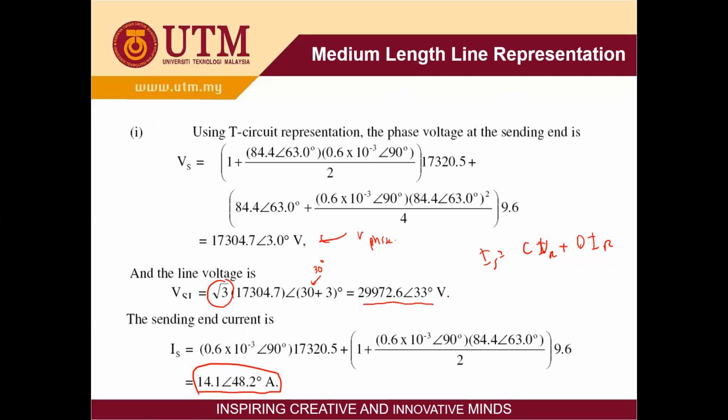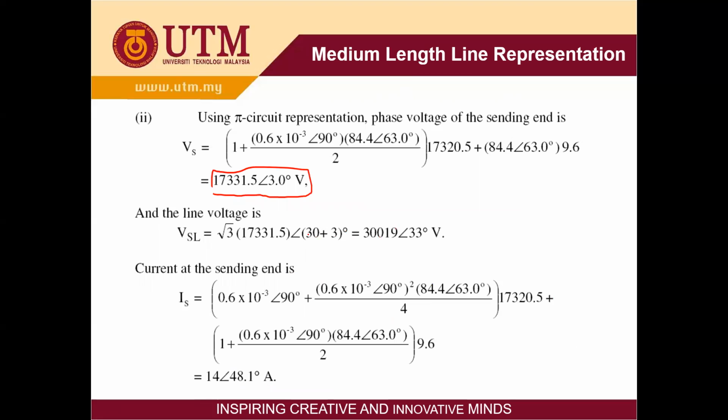And then this is the V phase. To get the V line, you need to multiply by square root 3, and then the angle you need to add 30 degrees. So you will have this value, which is the same as the T circuit representation. And the same case goes to the IS. The IS value is also the same, 14 with an angle of 48.1.